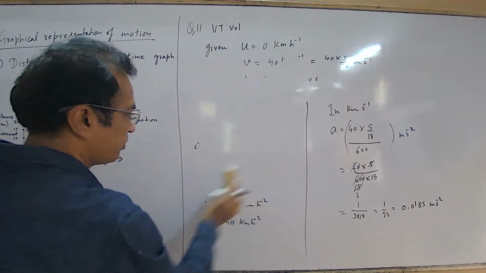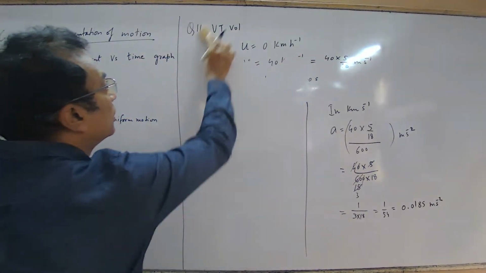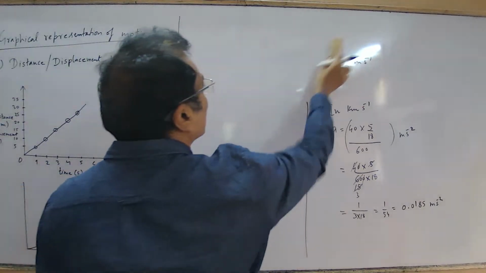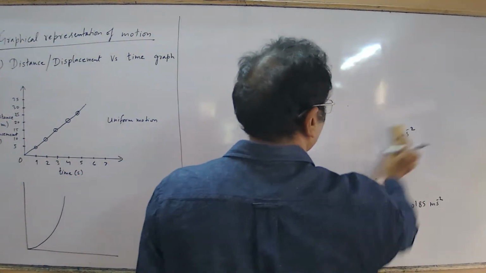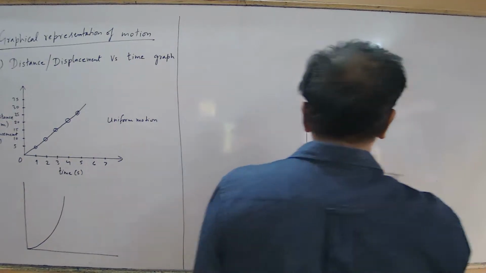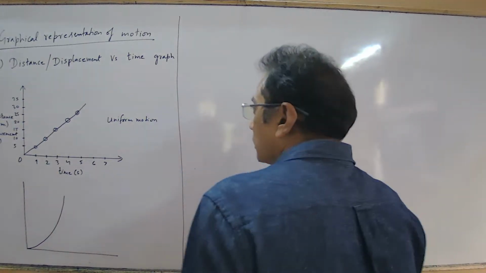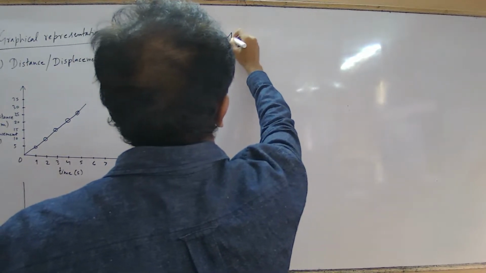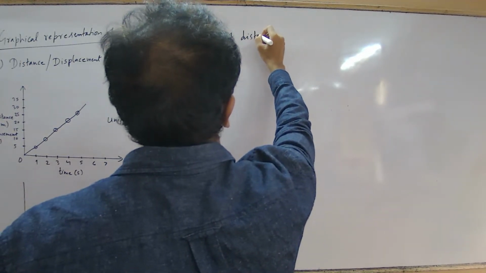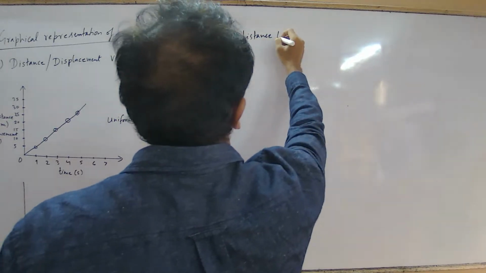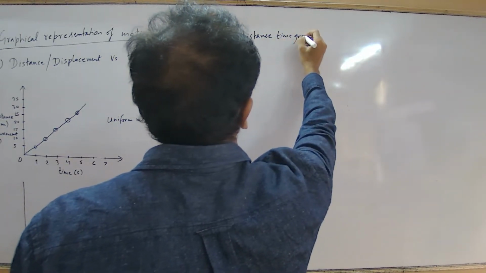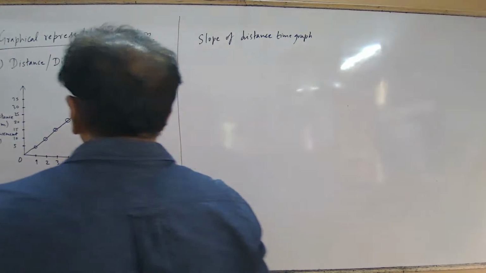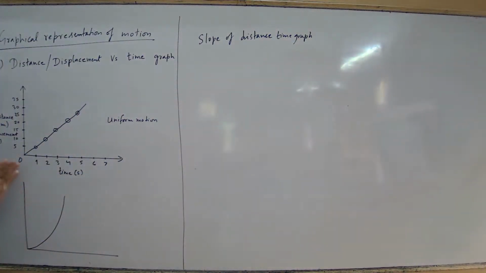Have you heard about slope? So let's understand what is slope of a distance time graph. What is a slope? Slope gives the rate of change of distance with time.